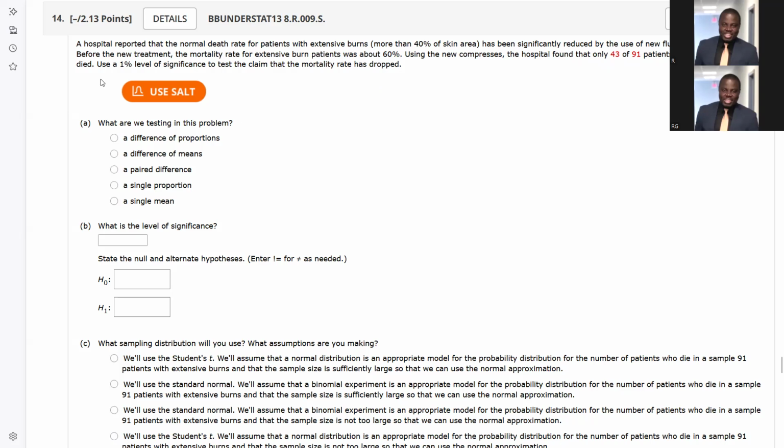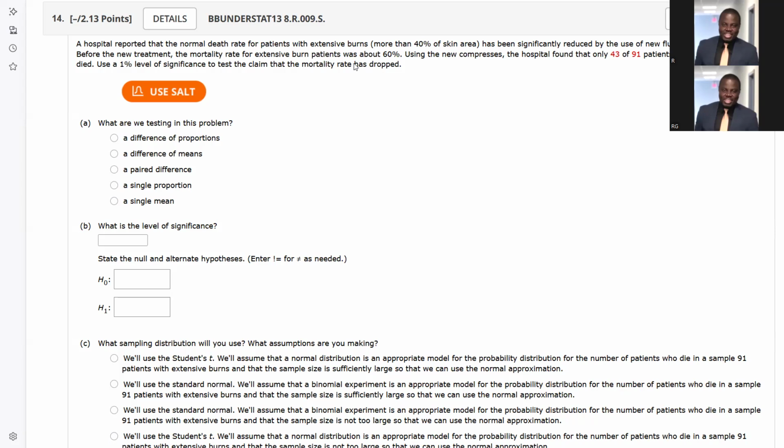All right. Use a 1% level of significance to test the claim that the mortality rate has dropped. So you want to test the claim that the mortality rate has dropped, which means it is going down. So that is going to be a less than problem.